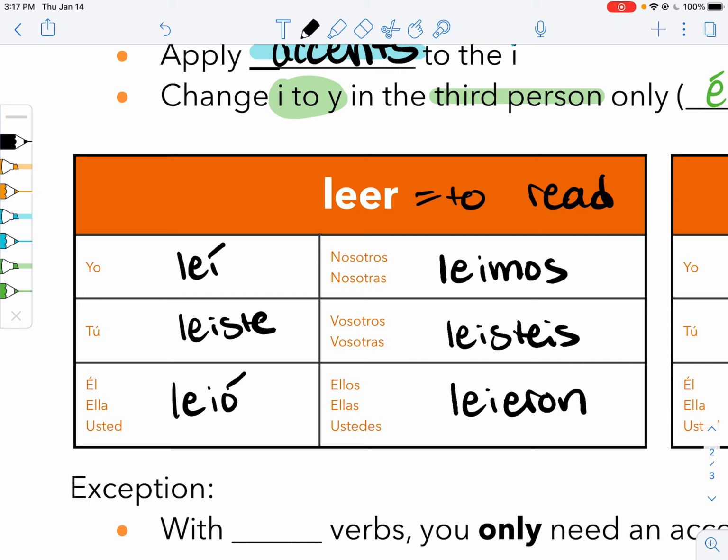Oof. Guys, that is not right. But that's okay. I'm going to show you why. As you can see, we took our ER ending from leer and put our I endings, iste, yo, imos, istes, ieron, and that's great, but that's wrong.